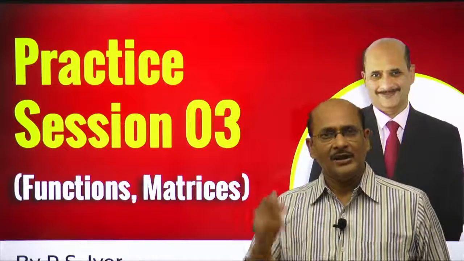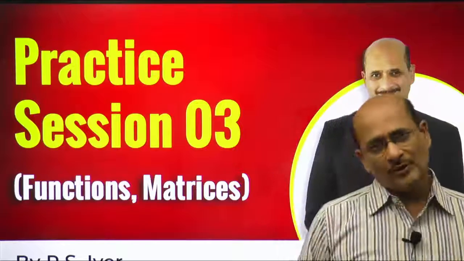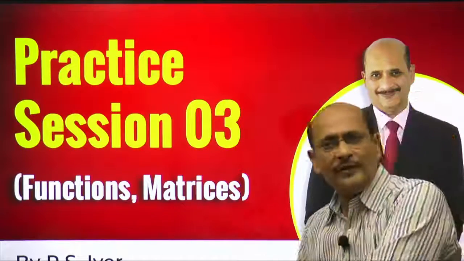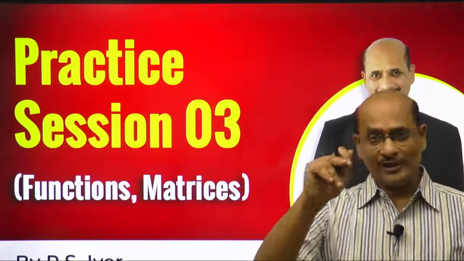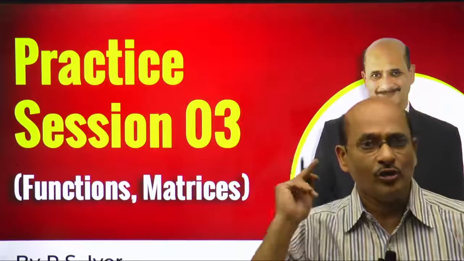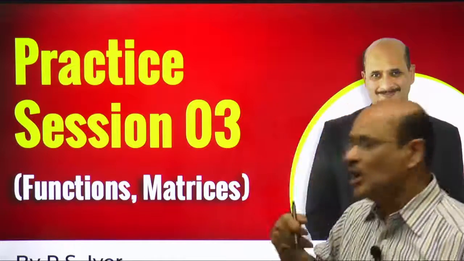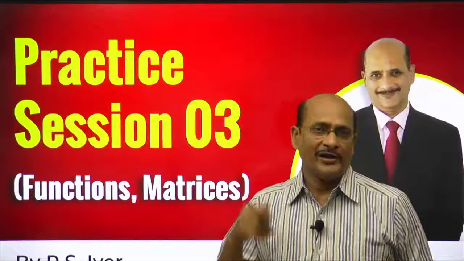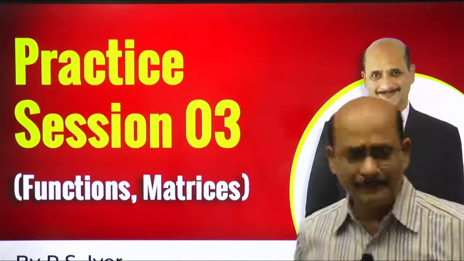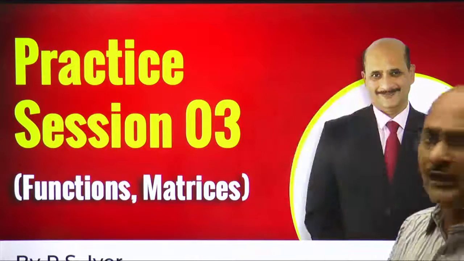The first one was transpose, followed by adjoint of a matrix, followed by inverse of a matrix. And then children, if you remember, we did the big application, that is how to solve simultaneous equations using the matrix method. It is also called Cramer's rule. So let us begin with this wonderful topic and wonderful lecture now.